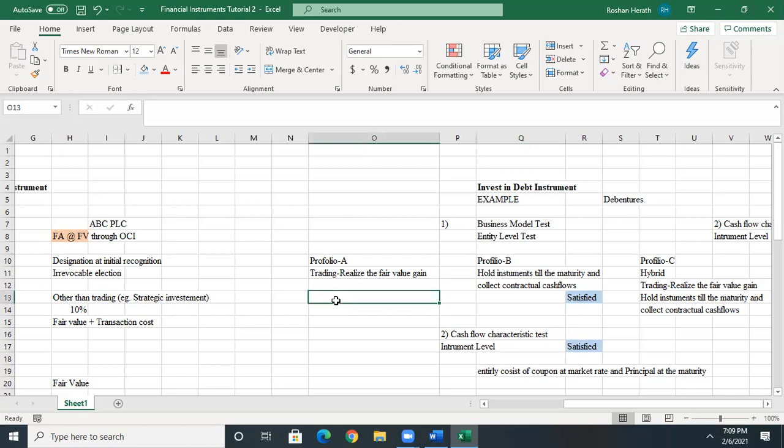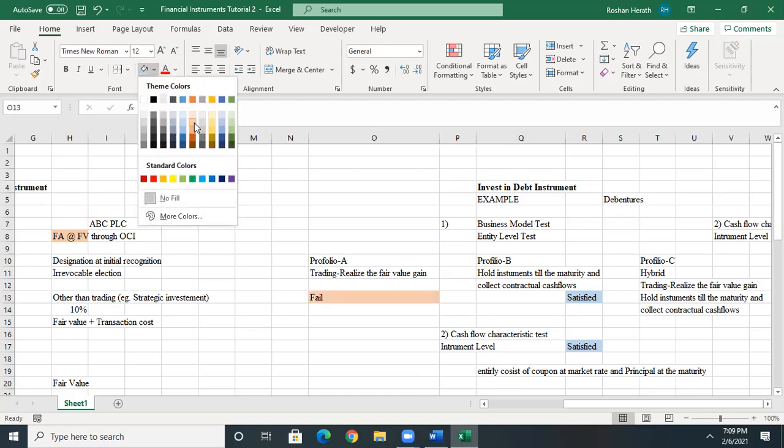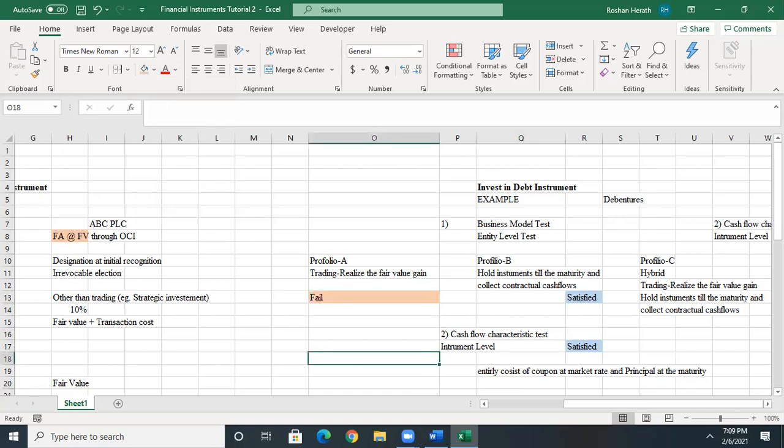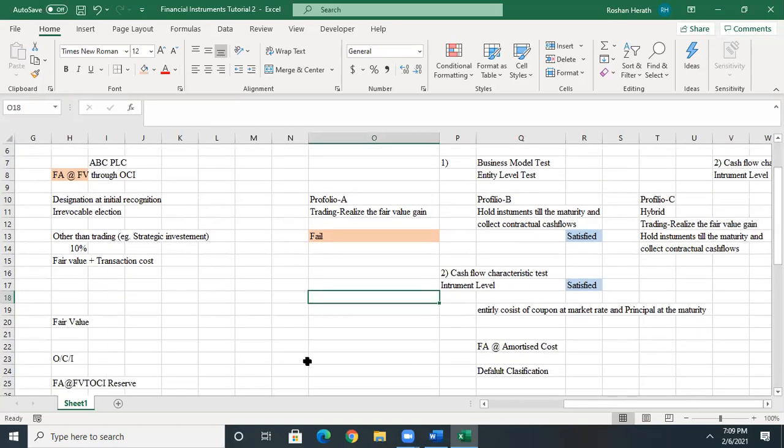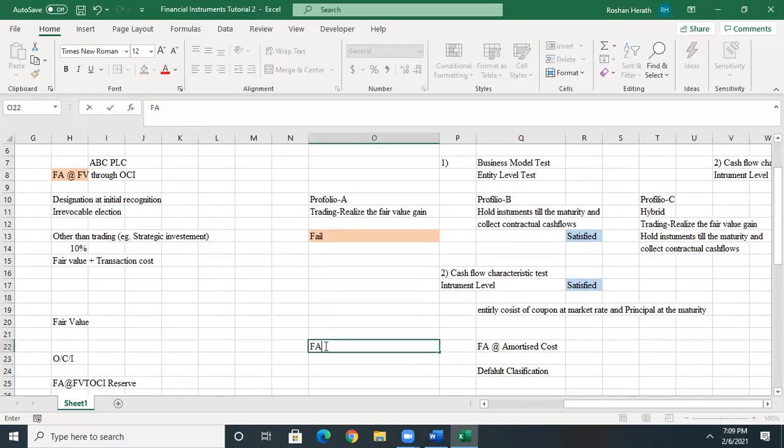If you fail the business model test, what is the consequence? The classification for this kind of instrument is going to be financial asset at fair value through profit or loss.